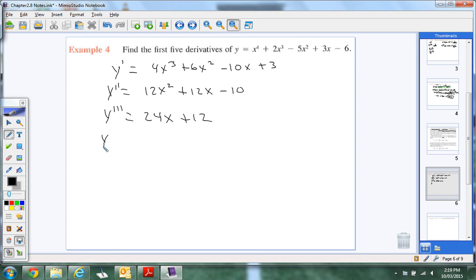Okay. Jeremy? Okay, well, it's just an x. So what's the derivative of just an x? Yeah. And what's the last one, Rachel? 0. The 5th derivative would be 0.